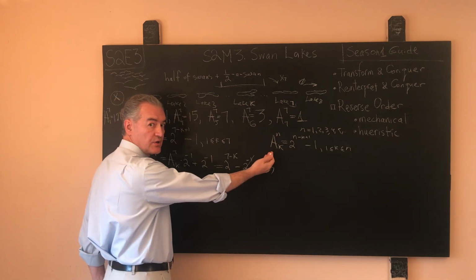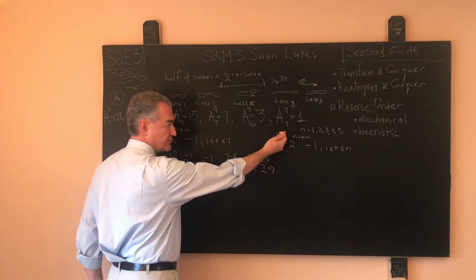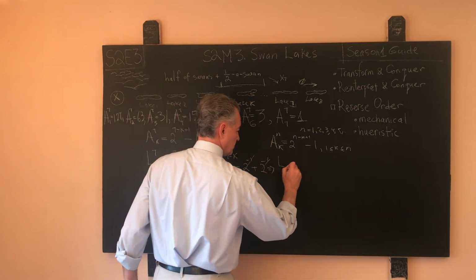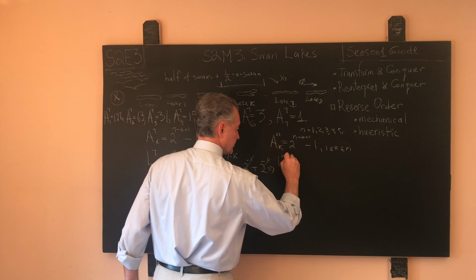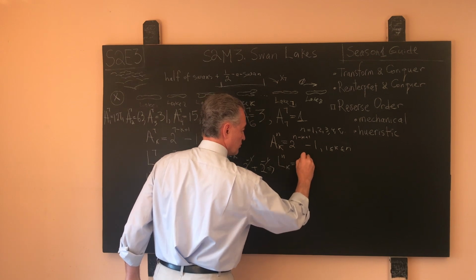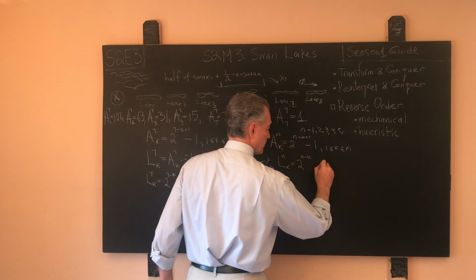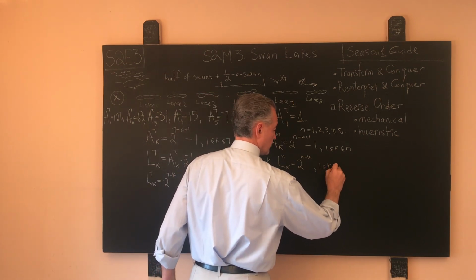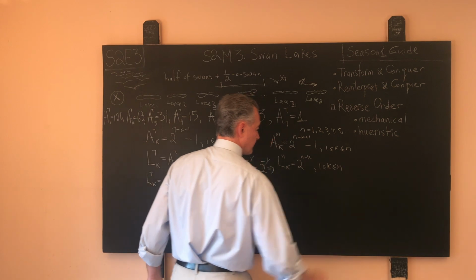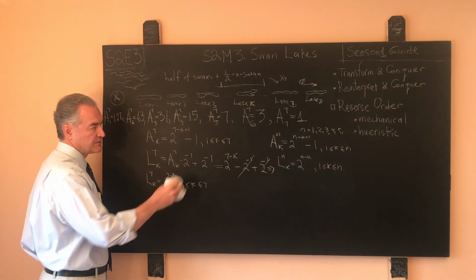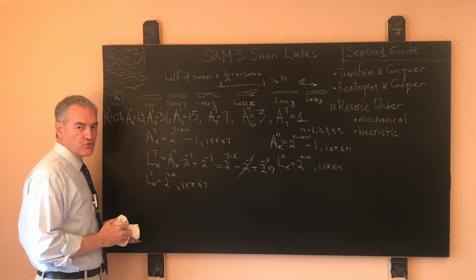The number of swans that land on the kth lake out of a set of n will be 2 to the power of n minus k, with k varying between 1 and n. This is our description in symbols, slightly more formally.